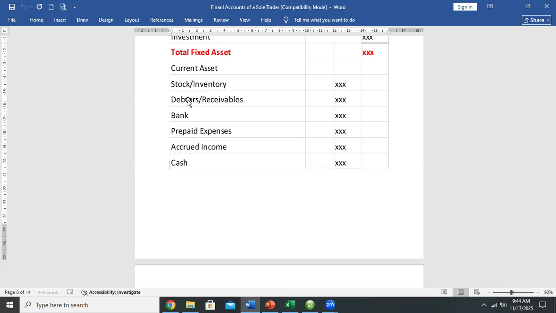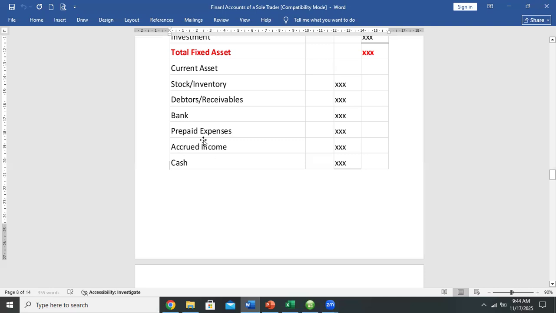The next is your debtors or receivables. That is easier to convert into cash compared to stock. Because if somebody owes you, you can put in a call or get the person to pay. Unlike stock, where you would have to even sell to the person first before the person will say, okay, I'll pay you later. The next should be your prepaid expenses and accrued income, right?